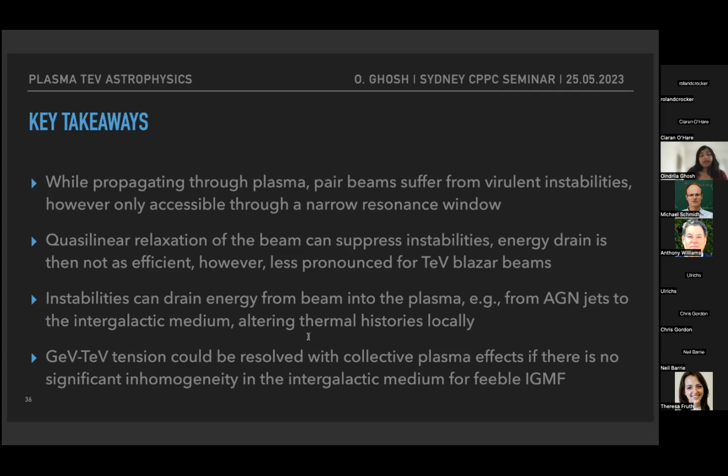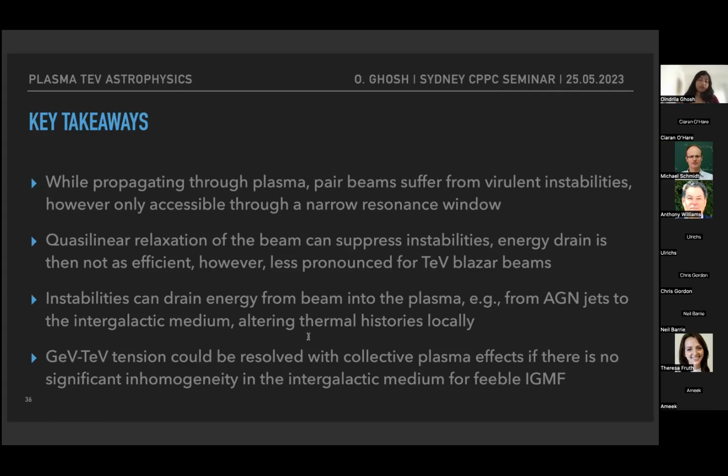So the key takeaways are, while propagating through intergalactic medium plasma, the pair beams can suffer from these instabilities that could be accessible through a narrow resonance window, in particular for the kinetic regime, meaning non-monochromatic, more realistic beams with broad momentum dispersion at injection.